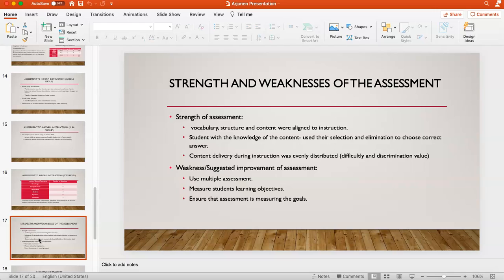Students with knowledge of the content used their selection and elimination method to choose the correct answers. Content delivery during instruction was evenly distributed and had difficulty and discrimination value. Weakness suggested improvement of assessment. Use multiple assessments, measure student learning objectives, and ensure that the assessment is measuring the goals.